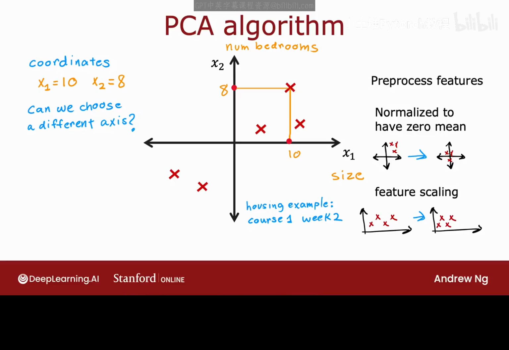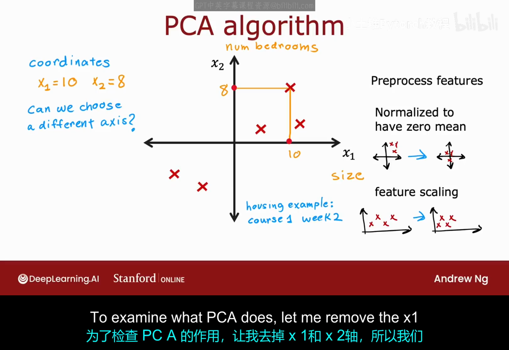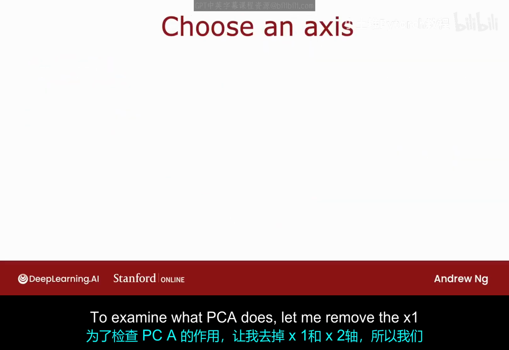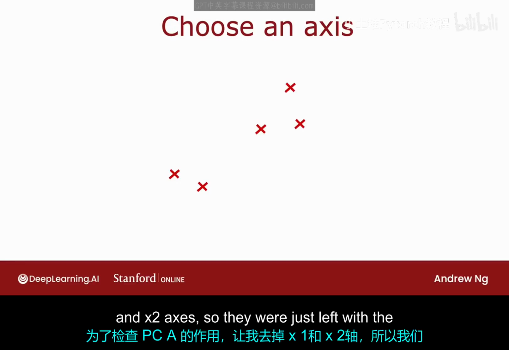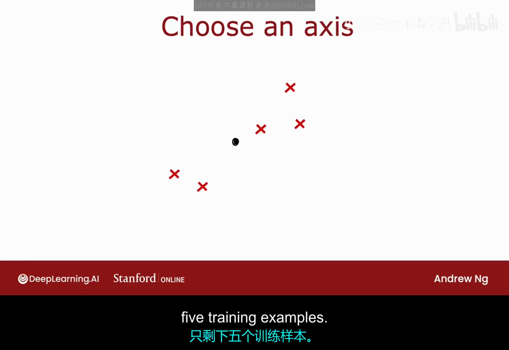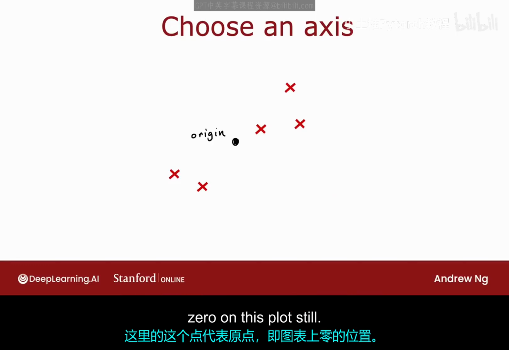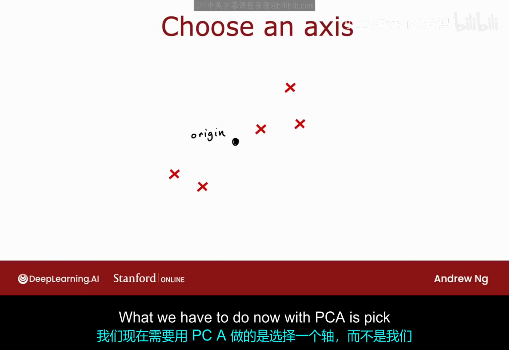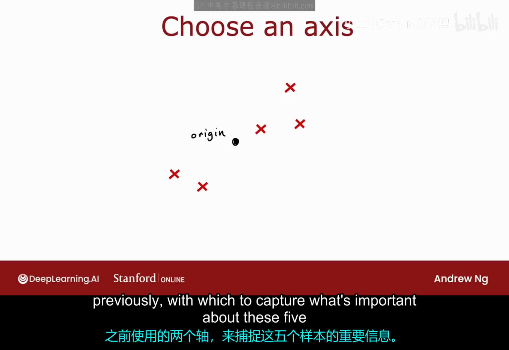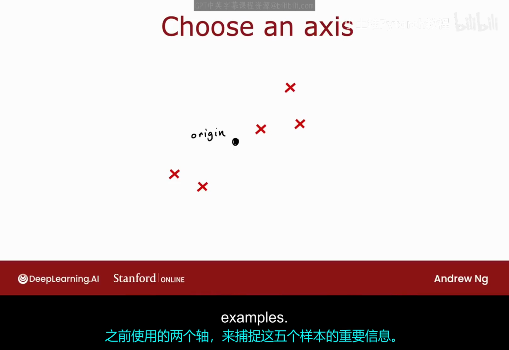what does PCA do next? To examine what PCA does, let me remove the x1 and x2 axes so that we're just left with the 5 training examples. And this dot here represents the origin, the position of 0 on this plot still. What we have to do now with PCA is pick one axis instead of the 2 axes that we had previously with which to capture what's important about these 5 examples.